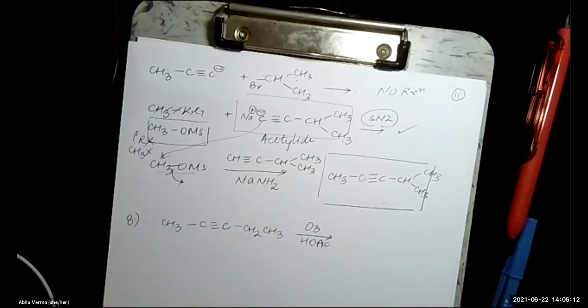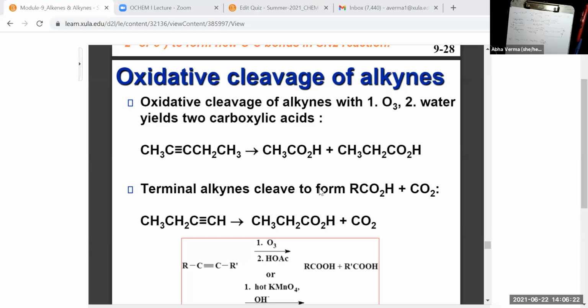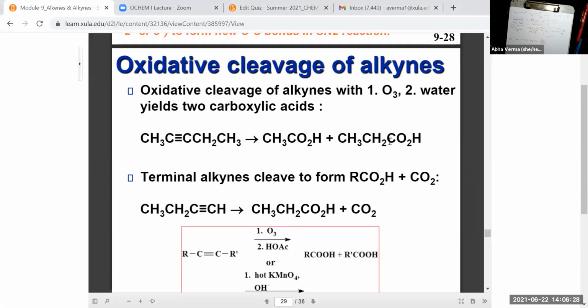The last reaction that all of you need to know in this module is the oxidative cleavage of alkynes. Okay, so if you remember yesterday, we had looked at the oxidative cleavage of alkenes. Remember?